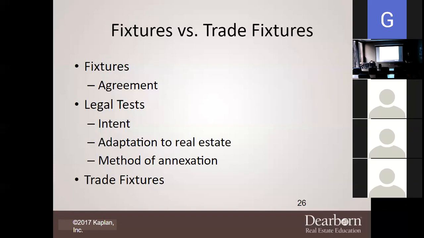Do I use my projector as part of my business? Yes. So in that situation, while these are personal property, they are part of my trade. By law, as this is part of my trade, I can take them with me.